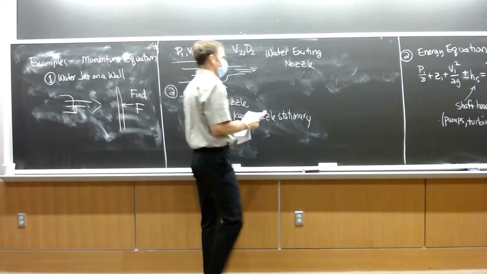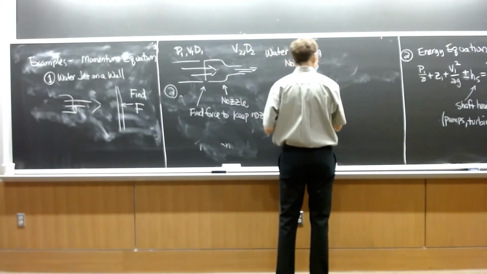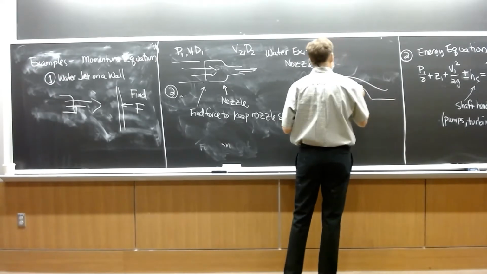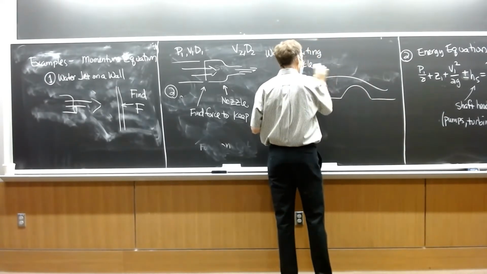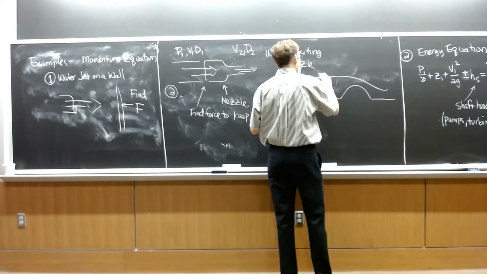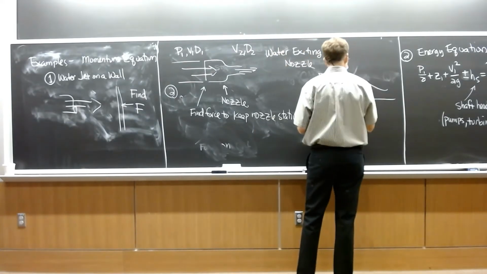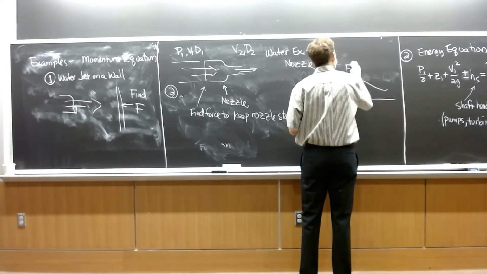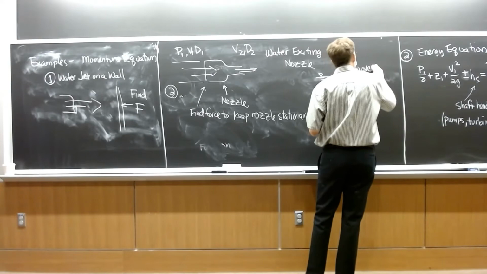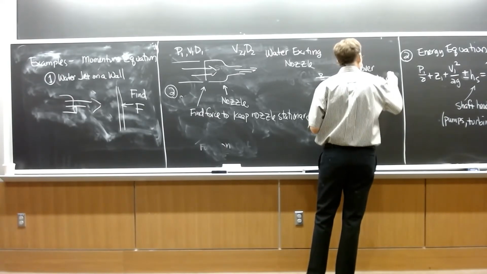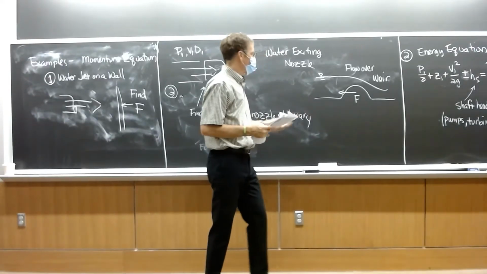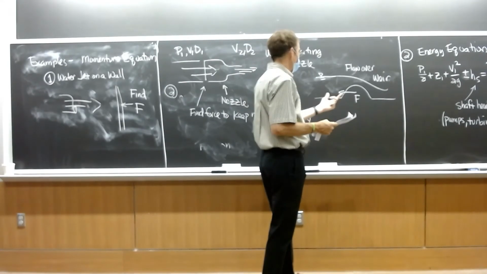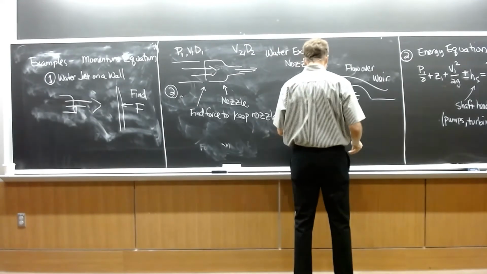A couple of open channel flow examples. This weir that constricts the flow will put a force onto the water.